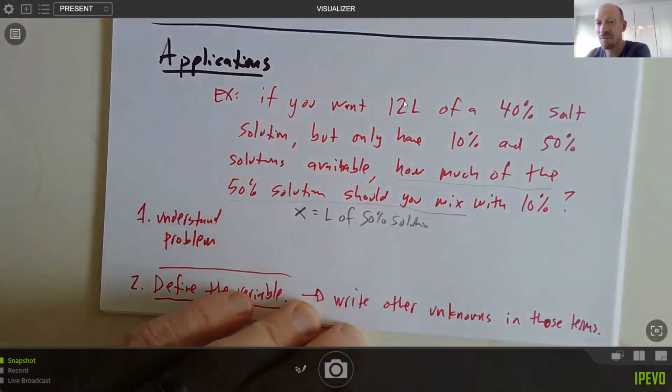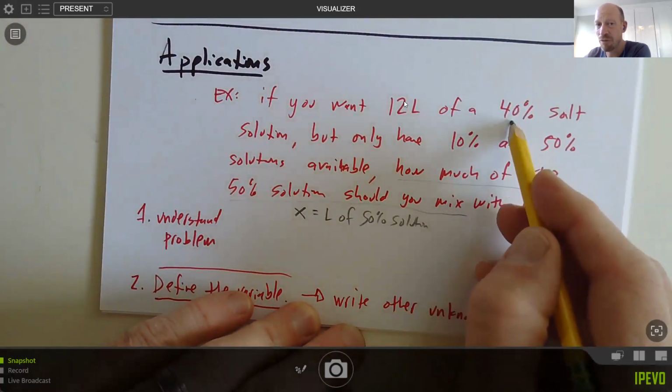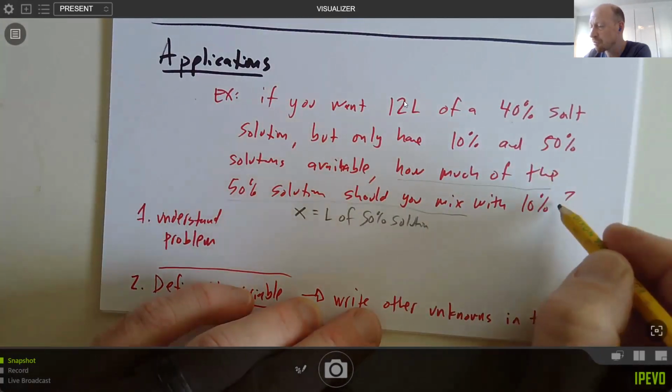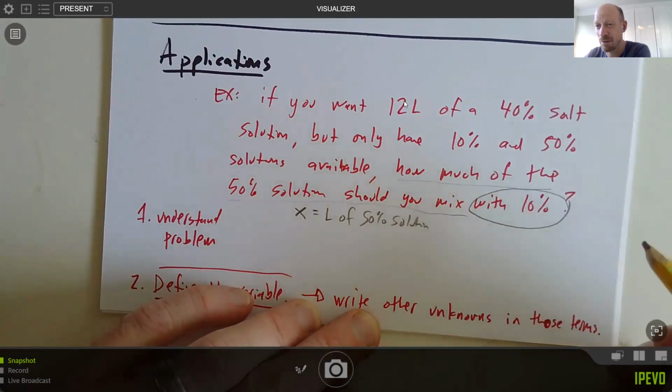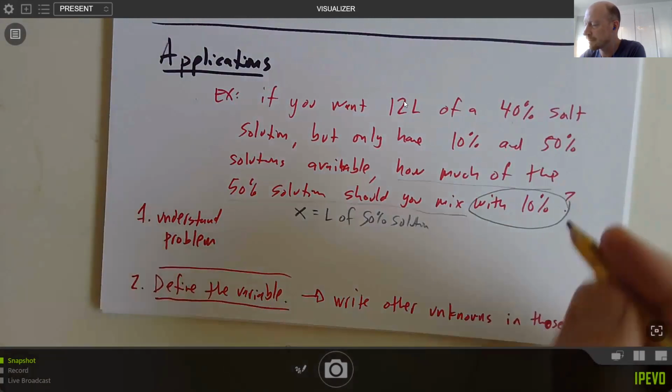40% and 10%? Yeah. So I know that the final mixture is going to be 40%, but I also don't really know how much of the 10% mixture I need, right? I need both of those together to make this other mixture.